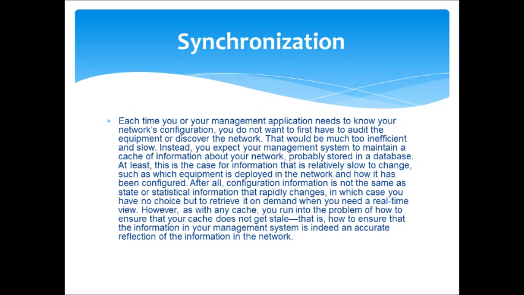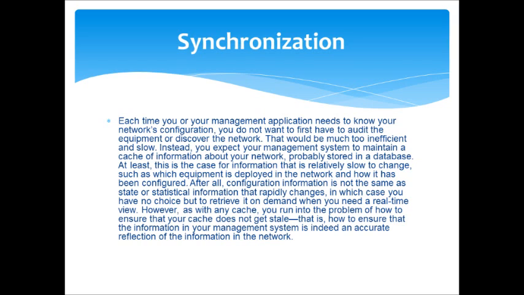Synchronization. Each time you or your management applications need to know your network configuration, you do not want to first have to audit the equipment or discover the network. That would be much too inefficient and slow. Instead, you expect your management system to maintain a cache of information about your network, probably stored in a database.